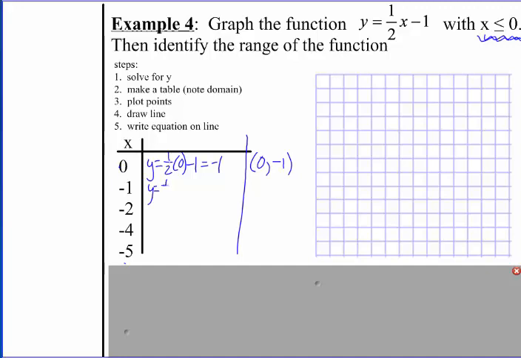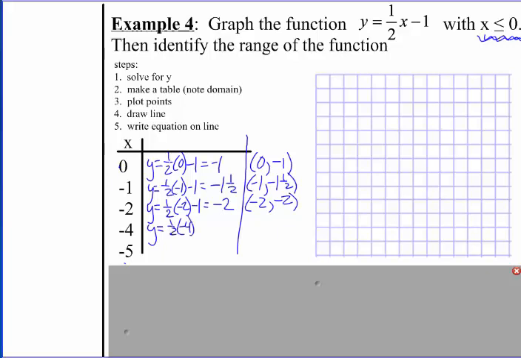Next, 1/2 times -1 minus 1. So that would be -1.5. So -1, -1.5. Y equals 1/2 times -2 minus 1. That one would be -2. So -2, -2. Next, 1/2 times -4 minus 1.